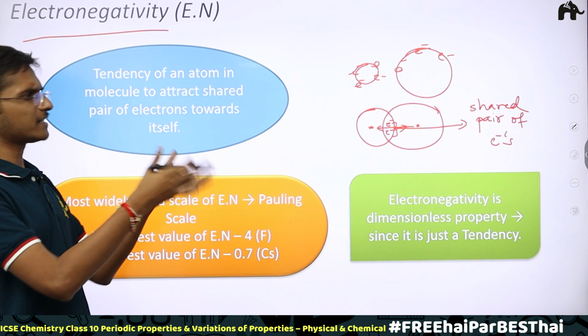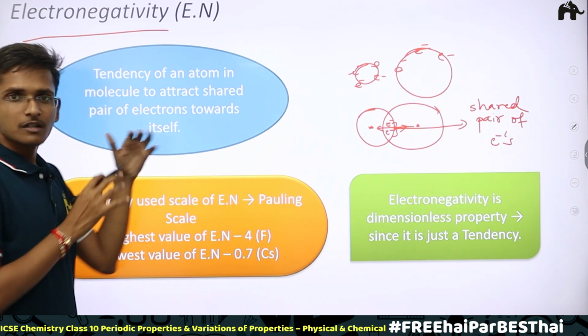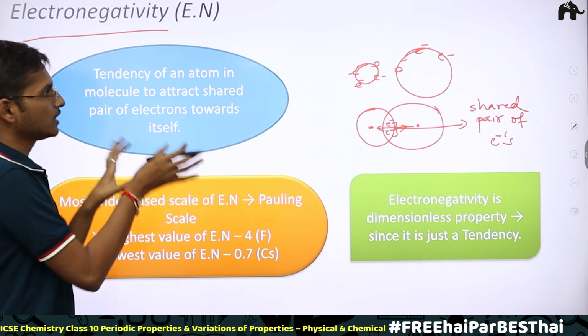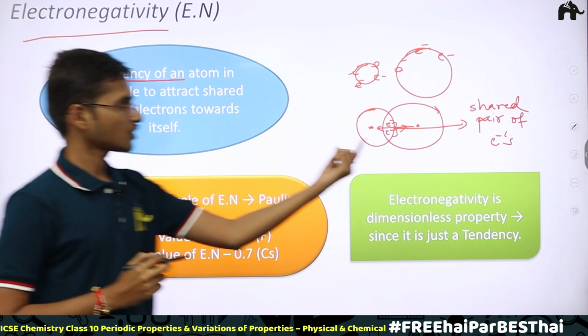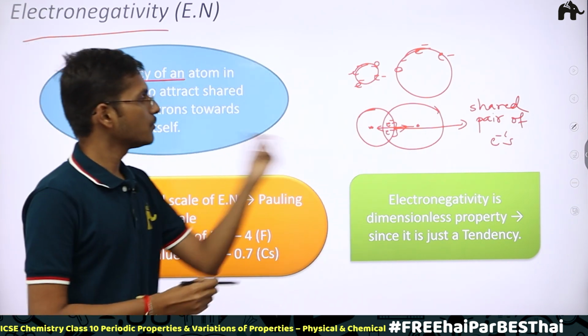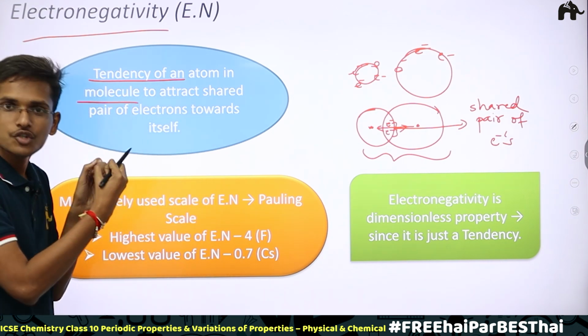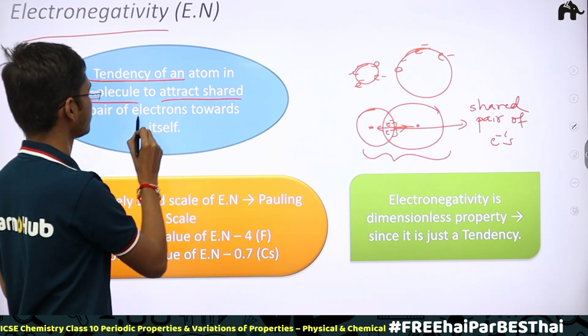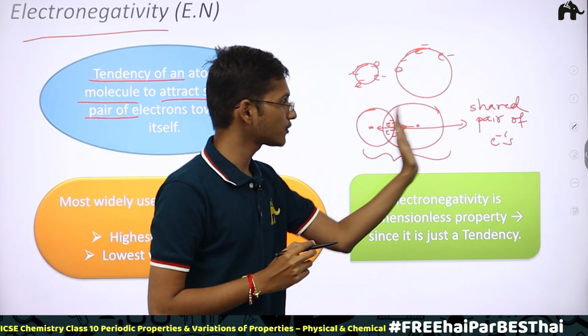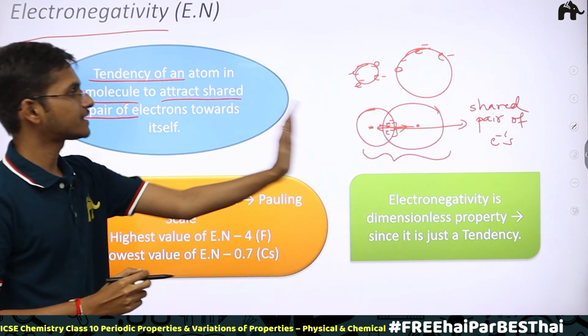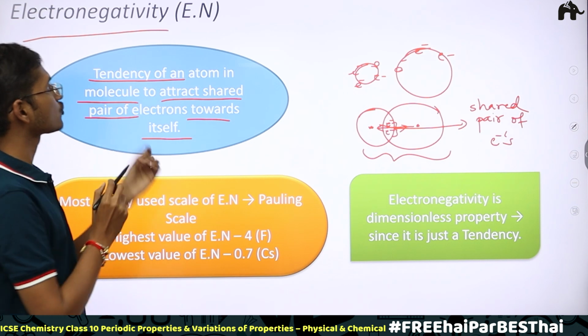Okay, so that's the actual definition as well. Very simple. We have learned it with the help of a story. So see, the tendency of an atom, suppose this atom, in a molecule to attract the shared pair of electrons towards itself is called electronegativity.